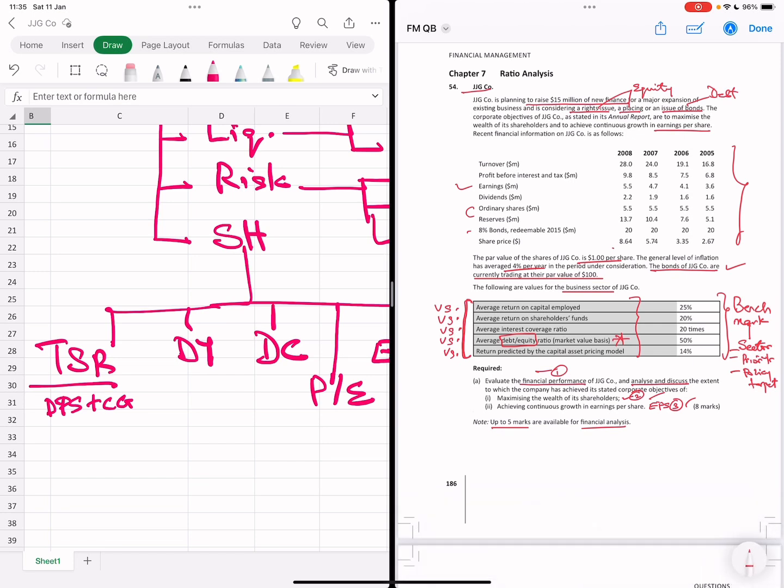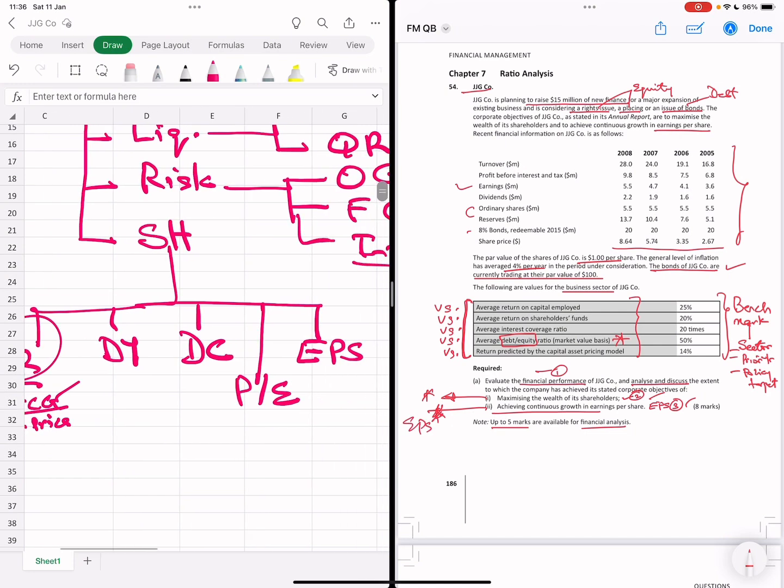All right, so this is price. We'll be able to get capital gains. So all of that divided by the opening price. So we'll be able to do total shareholder ratio, which will take care of this easily. That total shareholder ratio is enough for maximizing shareholders' wealth. Then because we have dividend information, we have price information, specifically they're asking for EPS here, so we'll do EPS as well.